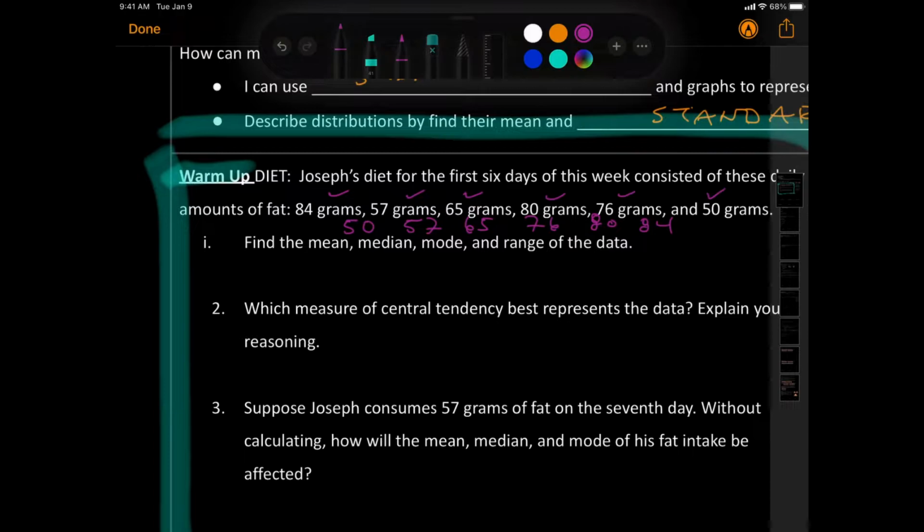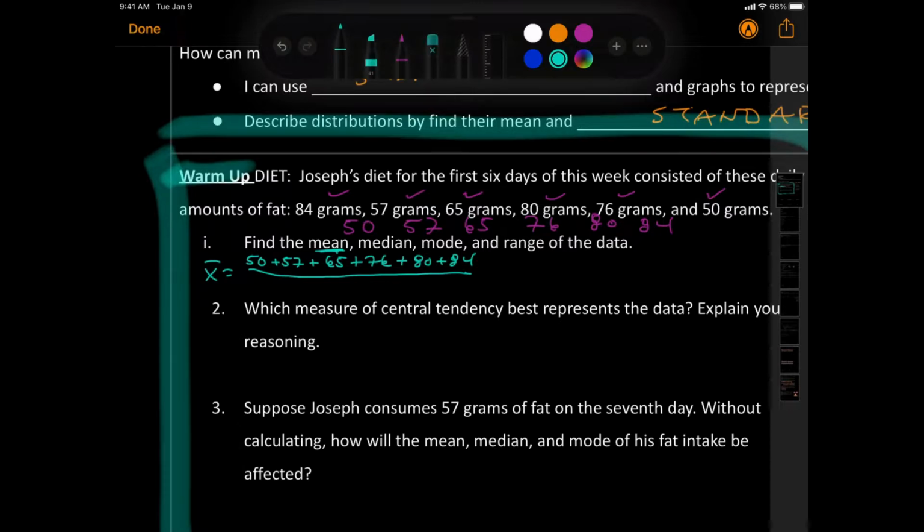And let's just find the mean. So the mean is just taking the average. So if I add all these numbers up, 50 plus 57 plus 65 plus 76 plus 80 plus 84. And after today's lesson, you'll be able to figure this out in a different way.